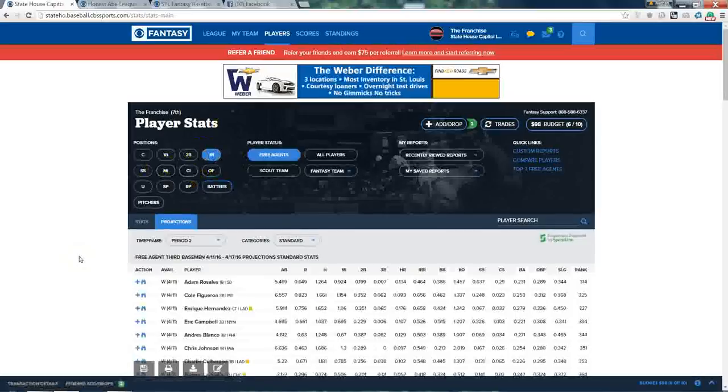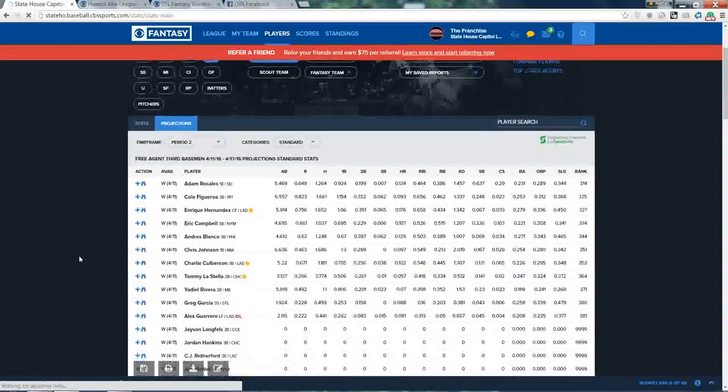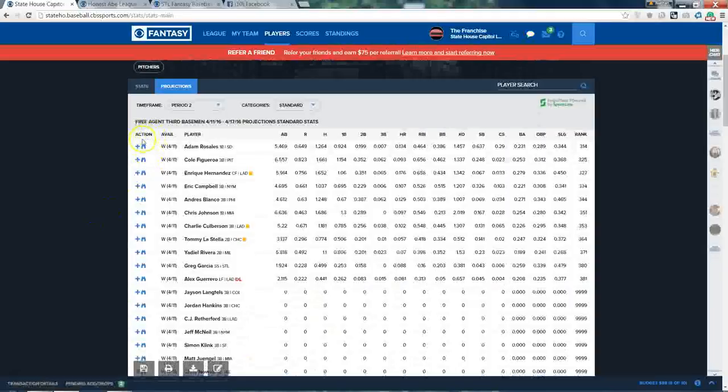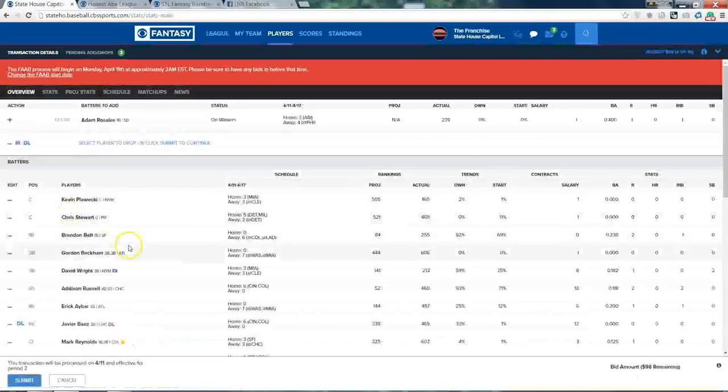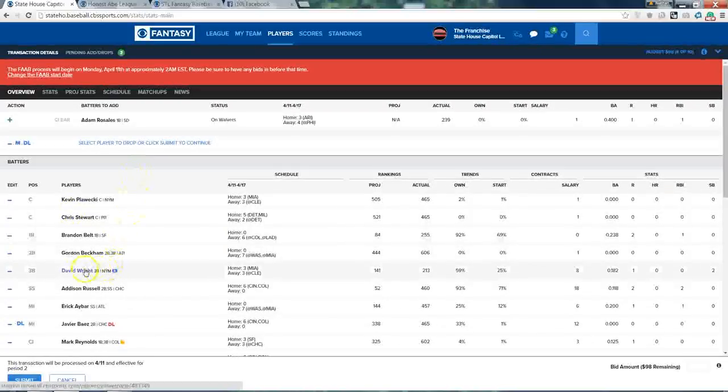Oh, David. And let's go ahead, Adam Rosales, who obviously has corner eligibility, I'm guessing. That's where I have David Wright. And actually we got David at third, but Mark Reynolds can play both, so I'm not worried about it. So now, for the purpose of David Wright, we are going to drop him.